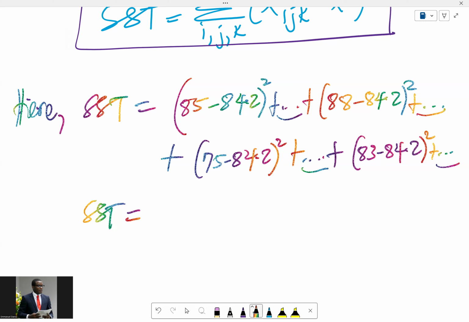So after 88, I have 81. After 81, I have 86. 86 minus 84.2 squared. After that, finally, we have 85. This is serious. So 85, thankfully.